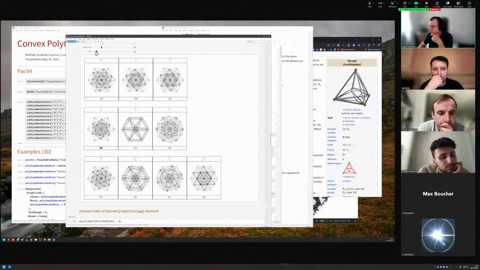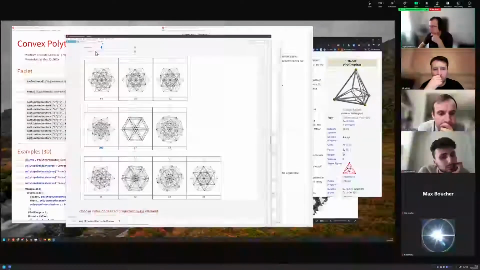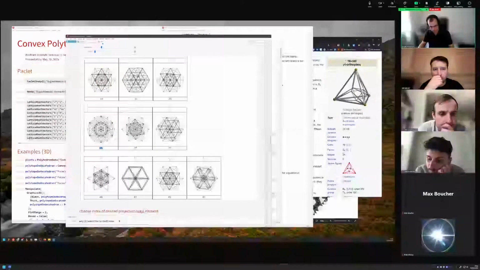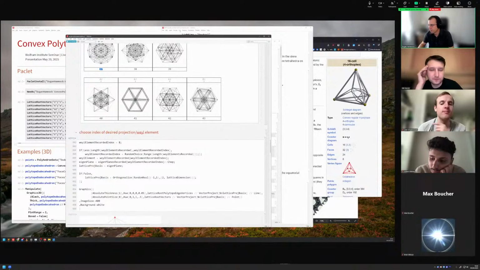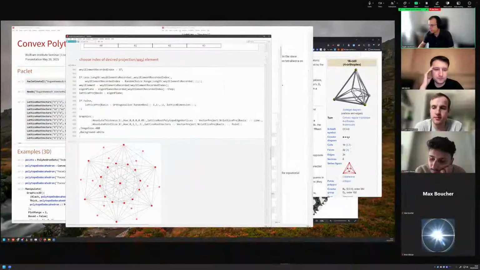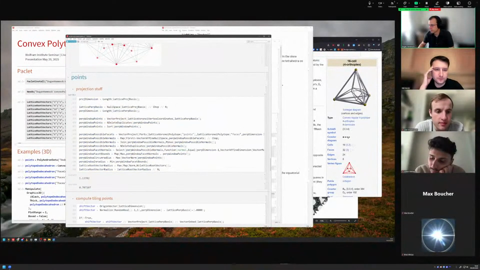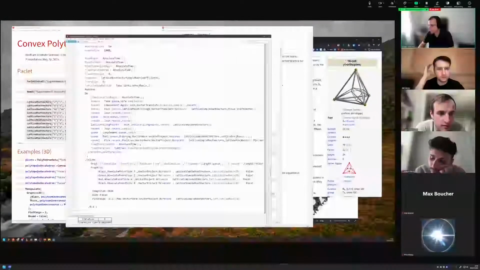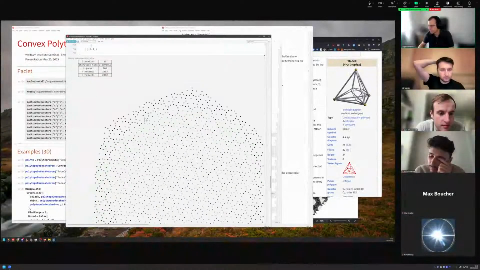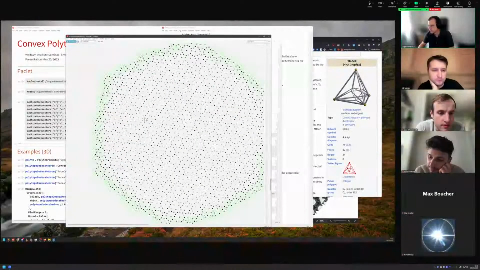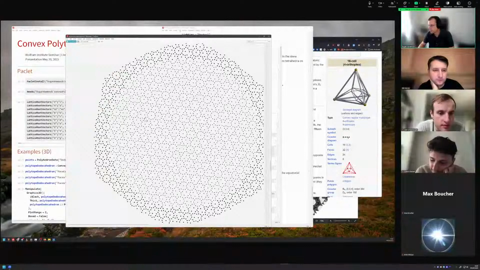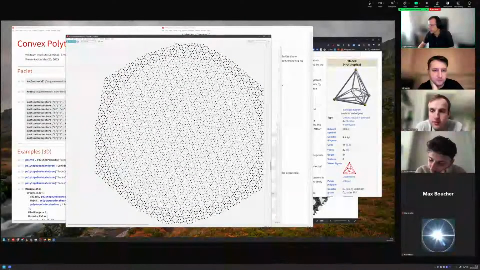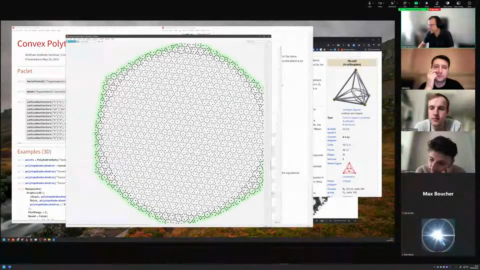Or let's go with 37. So here it's generating a point set.